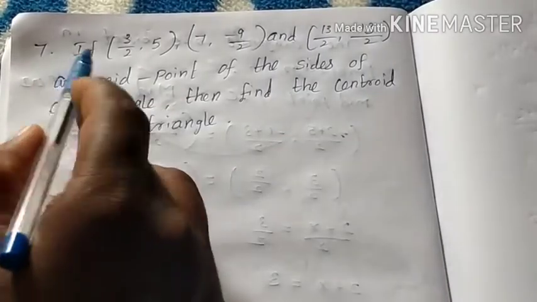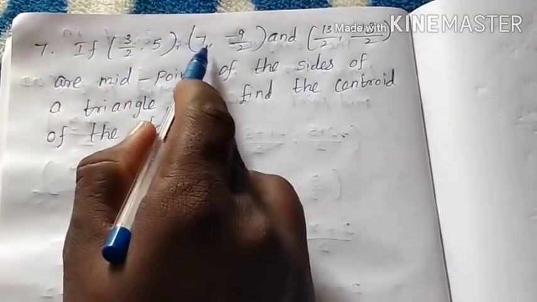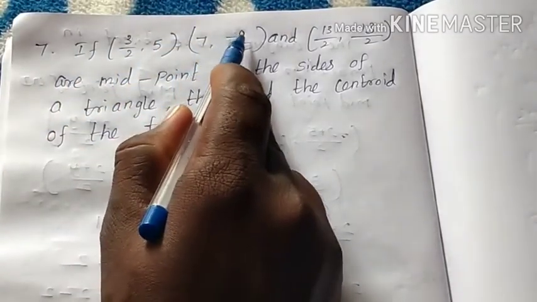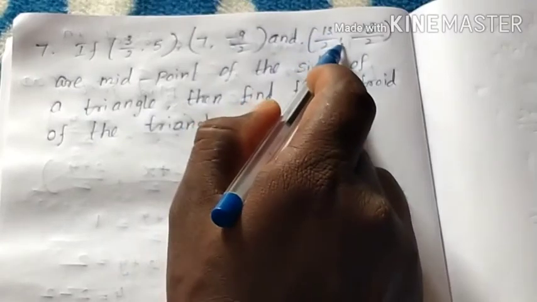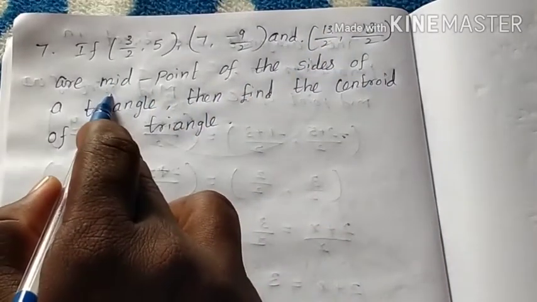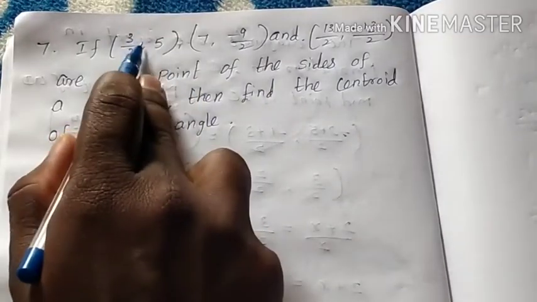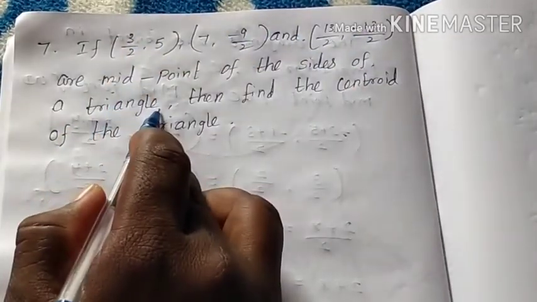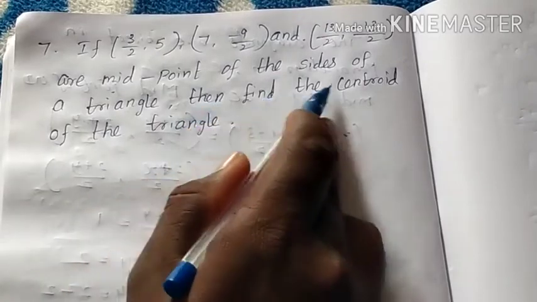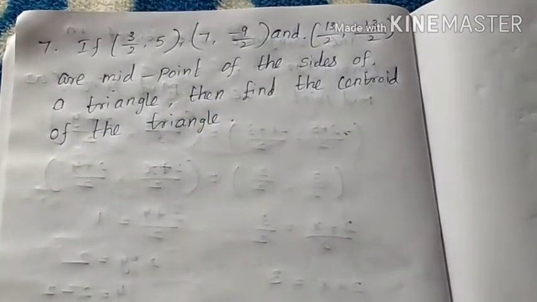Okay, next, seventh question. If (3/2, 5), (7, -9/2) and (13/2, -13/2) are the midpoints of the sides of a triangle, then find the centroid of the triangle.